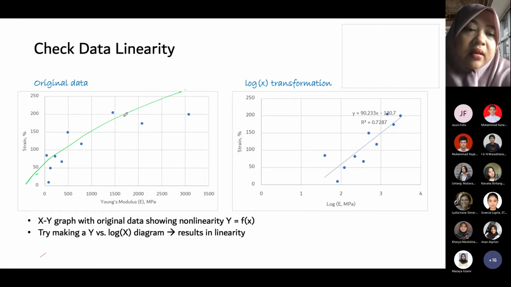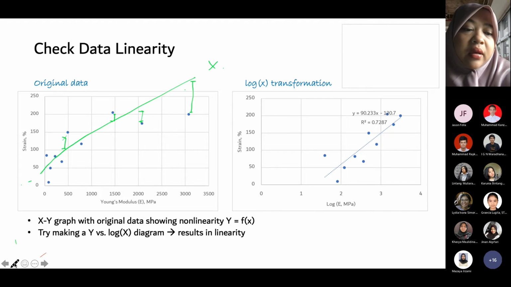If it is linear, it should be like this. But in here there's too much gap. So this one is not correct.